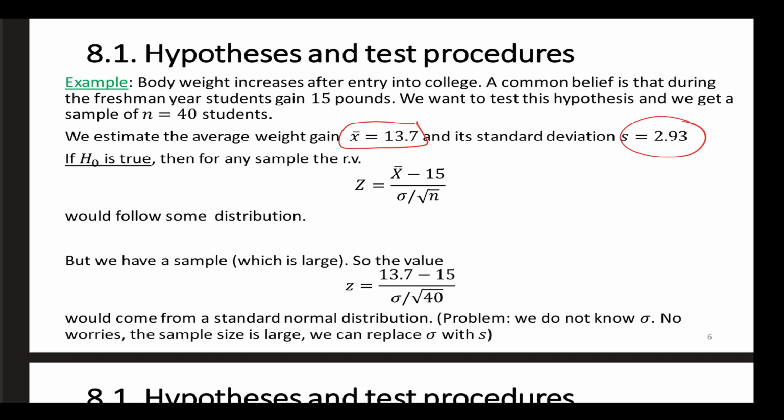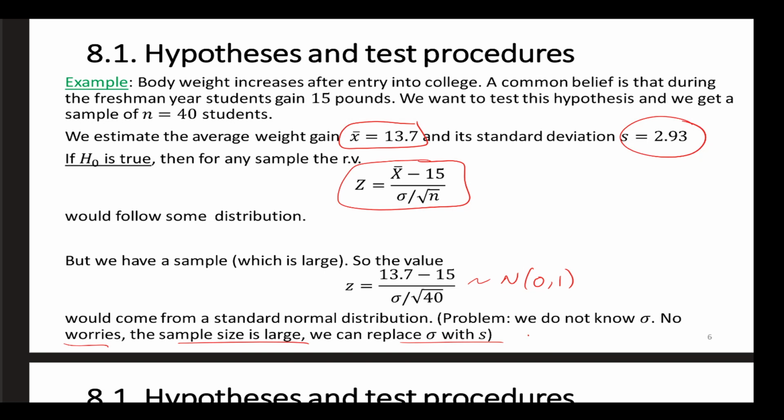If it is true that the weight gain is 15 pounds, then for any sample, the random variable would follow some distribution. But we have a sample which is large, so this is approximately normal. So this would be approximately the normal distribution, 0, 1, because we have a large sample. We do not have sigma, but it's fine, no worries, because the sample size is large. We can replace sigma with S. So we're basically invoking the central limit theorem right here.